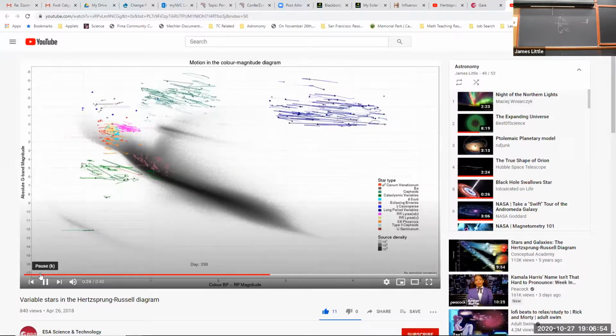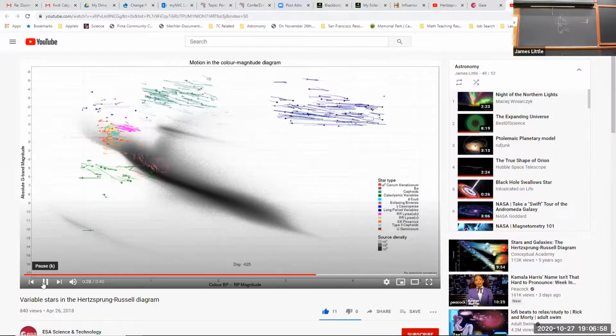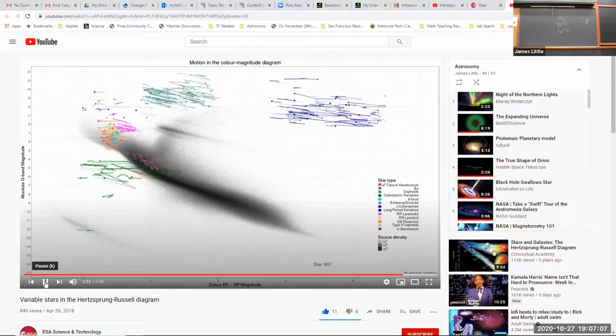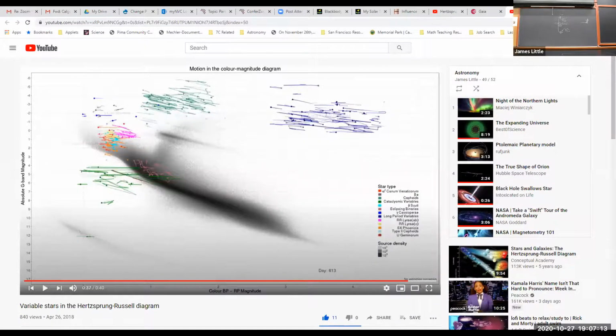Much more about variable stars later because they are super useful to astronomers. We think each of these colors represents a really similar type of star. And so whenever we find them, we get excited and we try to work backwards and infer all kinds of things about how far away objects are, assuming that most classes of variable stars behave the same as other members of the same class.